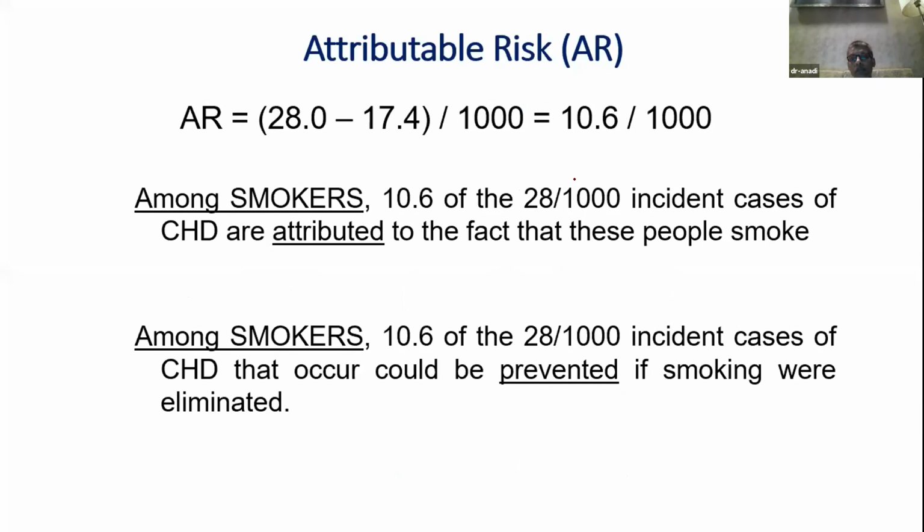So attributable risk: 10.6 of the 28 per 1,000 incident cases of CHD are attributed to the fact that these people smoke. Among smokers, 10.6 of the 28 per 1,000 incident cases of CHD that occurred could be prevented if smoking were eliminated.